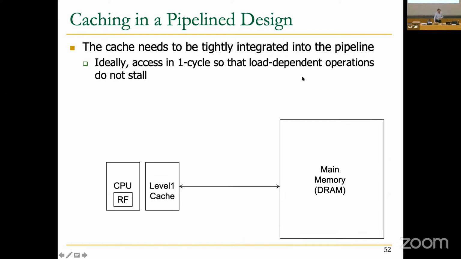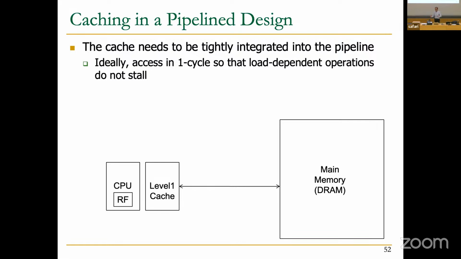We assumed magic memory, such that you get the data in one cycle. If you don't get it in one cycle, you need to stall, as we have discussed, until the cache responds. This means that the cache needs to be tightly integrated into the pipeline. And ideally, you access in one cycle so that load-dependent operations do not stall. We know how to tolerate small latencies with out-of-order execution.